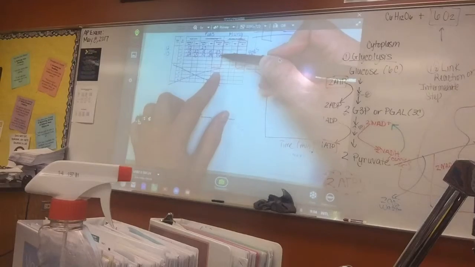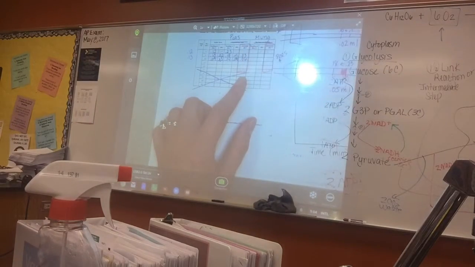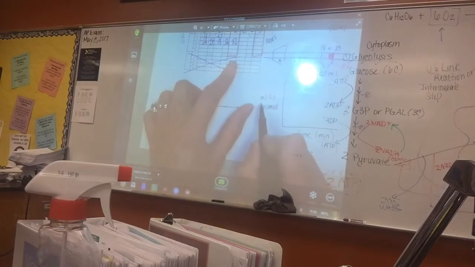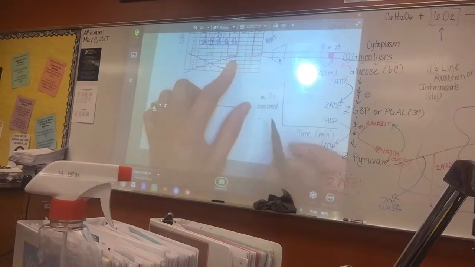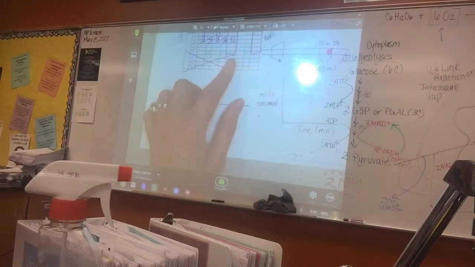What is it actually telling us about our seeds? The milliliters of oxygen that they took in to do cellular respiration. So I'm going to write here the milliliters of oxygen consumed by the peas. In that label, I've already put my units, milliliters. So this is the oxygen consumed.